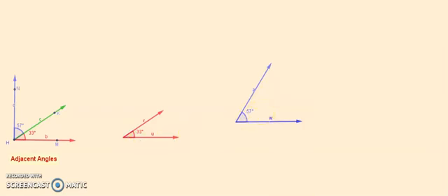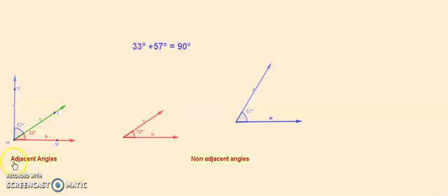Such angles that form a pair but have nothing common to them are called non-adjacent angles. It's a pair, you have two angles, but these two angles do not have anything in common. Right. Now, let us observe the sum of these two angles in both the cases.